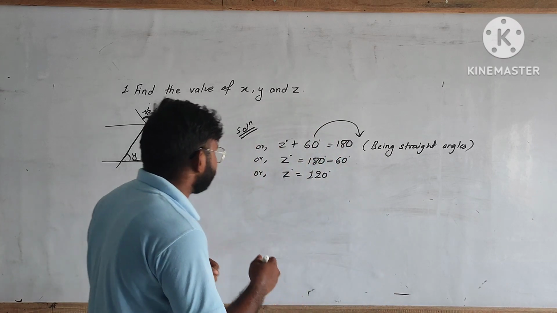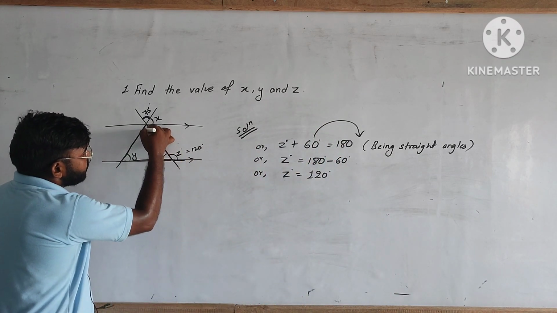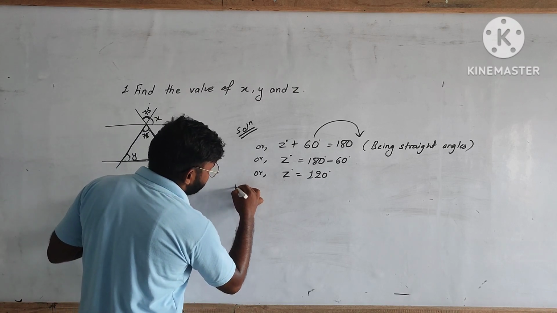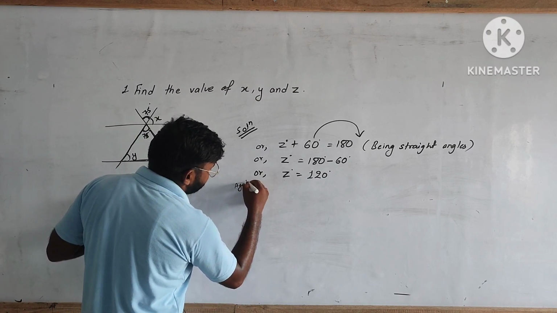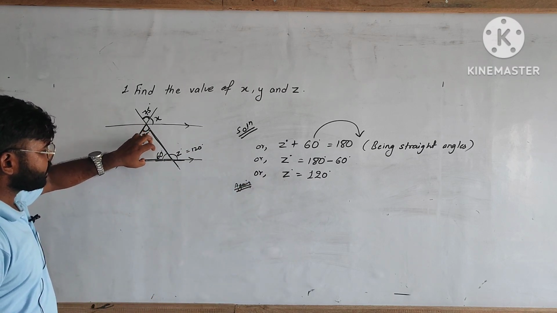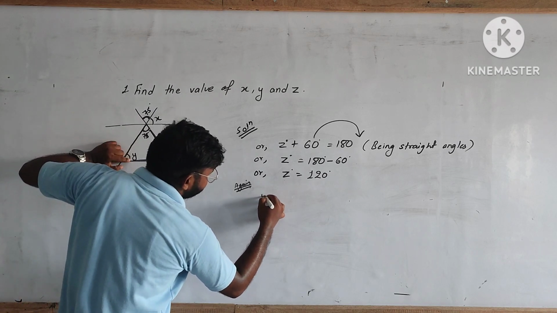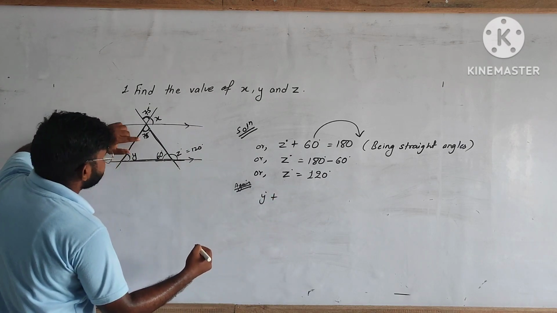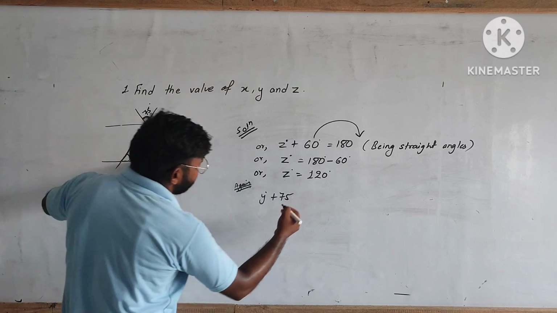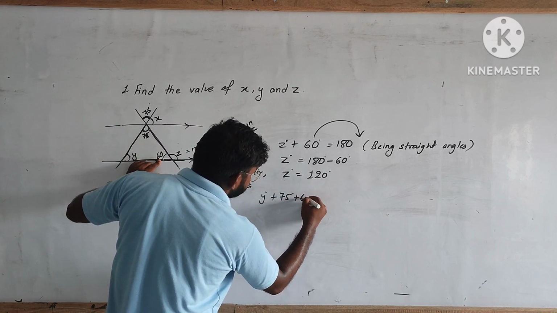You can see there are three angles here. Now let's use them. So if we take the triangle, there is y degree plus 75, and here you can see plus 60.